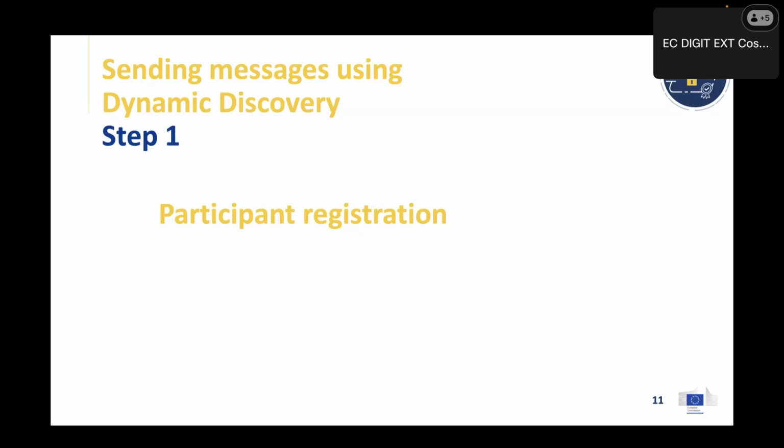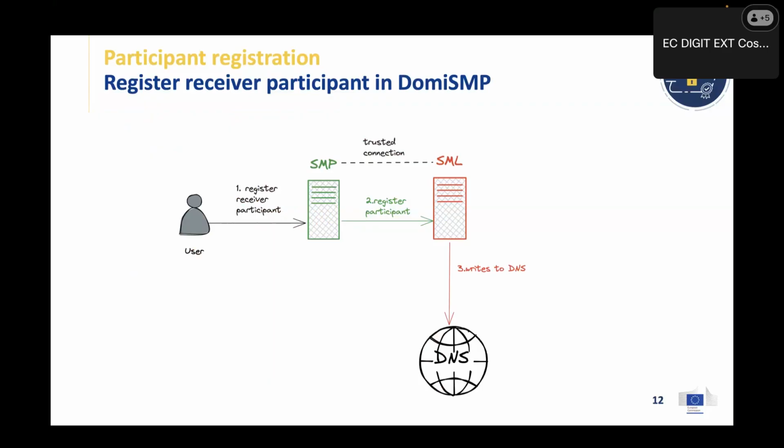Now we will start with step one, participant registration. Before doing this in Domi SMP, I just want to explain what we will do using the Domi SMP interface. We will act as an administrator of the Domi SMP interface, and we will register a participant in SMP. The SMP needs to have a trusted connection, so it needs to be trusted by the SML.